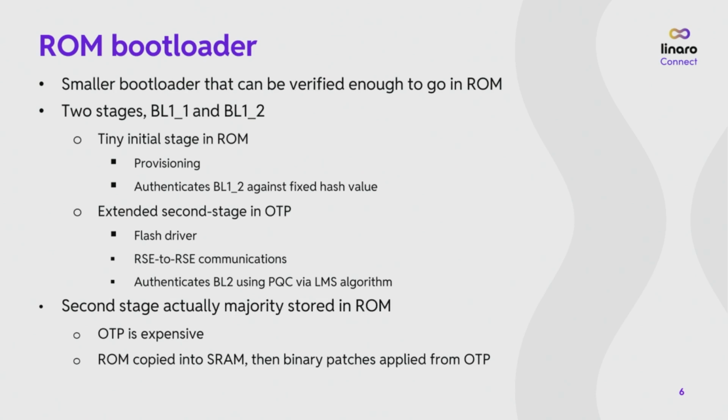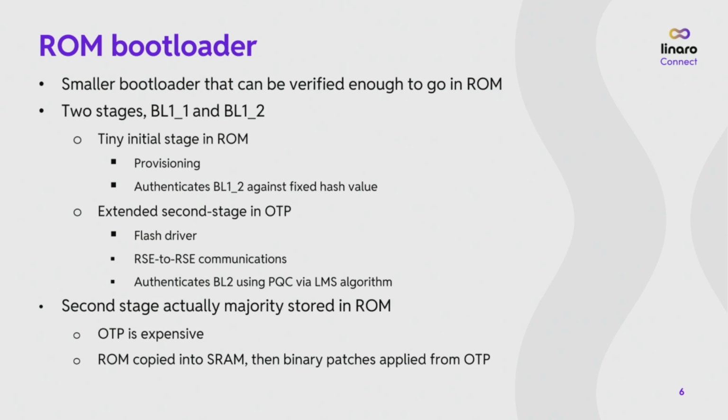Then, interestingly, BL1_2 authenticates BL2 using a PQC algorithm as well. I'll touch on this in the next slide. This is something we've done in RSE as a future-proofing exercise, to bring in some PQC-based authentication at this stage, where people are actively looking to move to PQC-based algorithms.